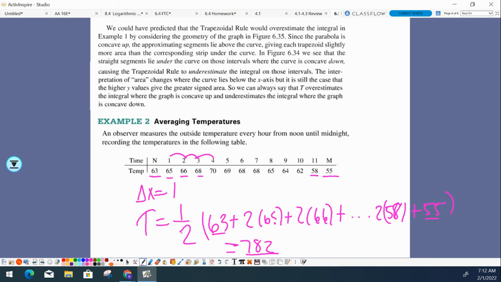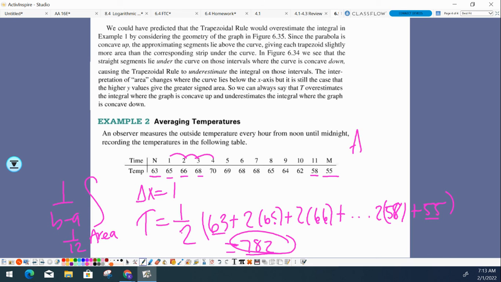The average temperature is finding your average value. So we're going to do 1 over b minus a times the area, which we just estimated using our trapezoidal rule. We're going from noon to midnight, so that's 12 hours times the area, which is 782.